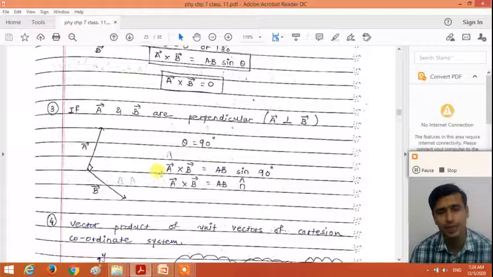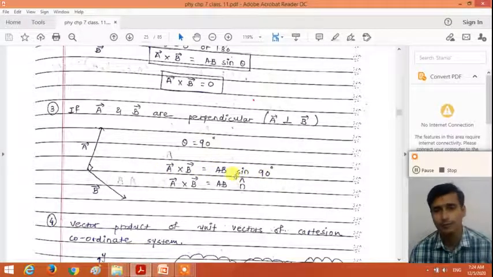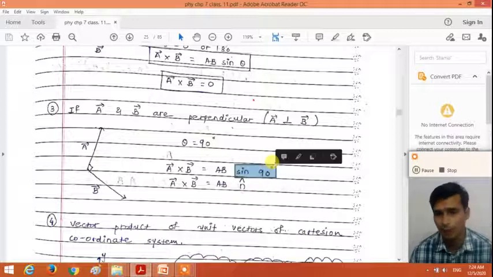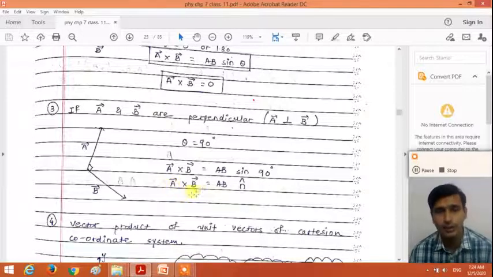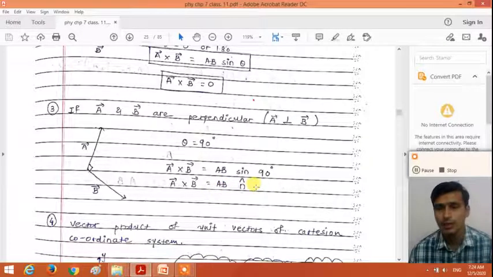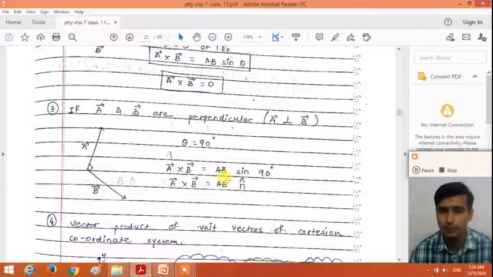So we get A cross B equals AB sine 90. The value of sine 90 is 1, right? So the vector product of two perpendicular vectors A cross B is the product of the magnitudes of both vectors, and it will be in the direction perpendicular to both vectors, right?